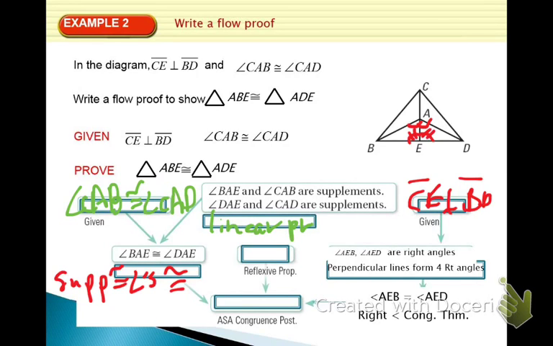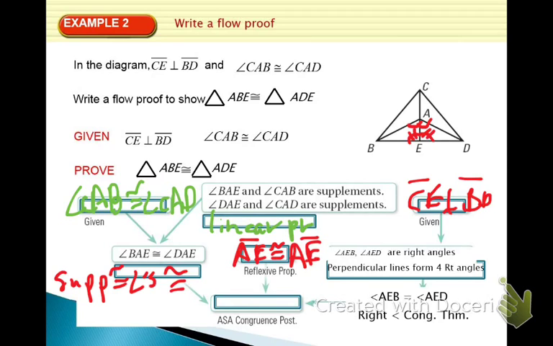Megan, what equals itself? Not sure? Eva? Okay, Kayla? ABE, DEF. We don't know that. Lindy? CE. CD? Well, we're talking about the smaller triangles. Oh, AE. Yeah, we want to say AE is congruent to AE by reflexive property.